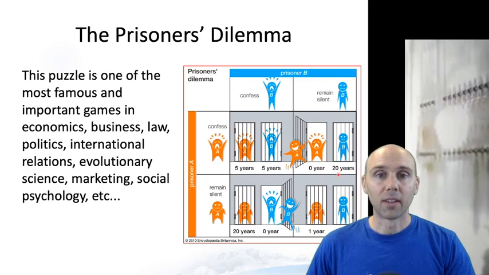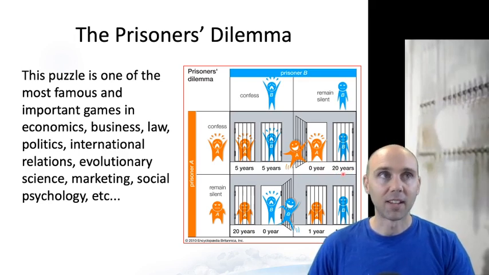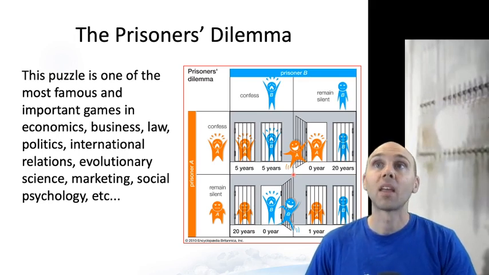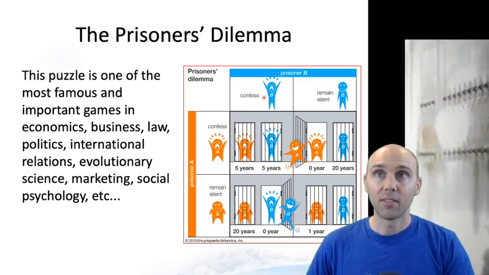So what actually happens here, it's exactly the same sort of setup that we've seen in the other games. There is one equilibrium outcome because of the dominant strategies. Let's look at these dominant strategies. If player B confesses, the choice for player A is between getting 5 years by confessing or 20 years if they remain silent.